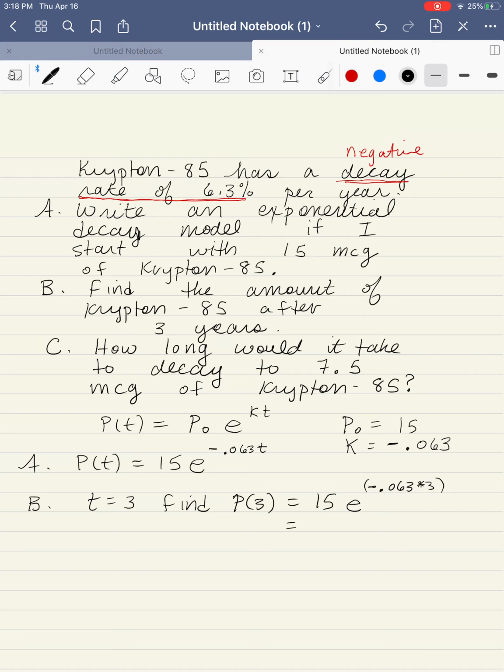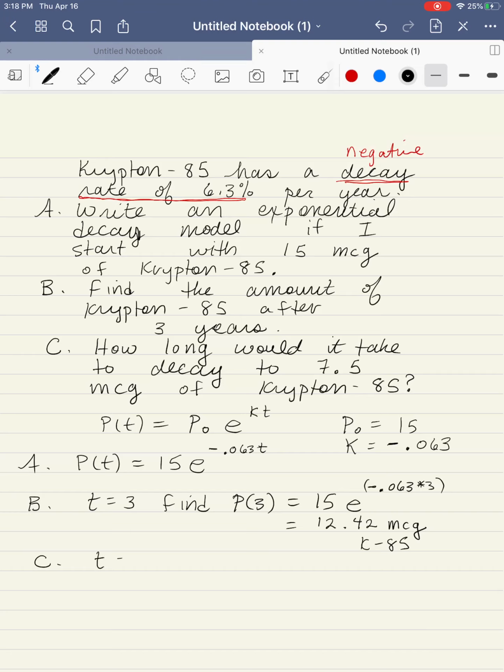Don't forget my negative, which I did. So let me start over here. 15 e caret negative 0.063 times 3. And you have to use the negative at the bottom of the calculator, not the minus sign. It won't accept that. Enter. And I see that I have 12.42 micrograms of krypton 85.